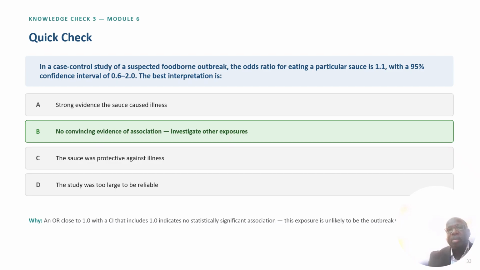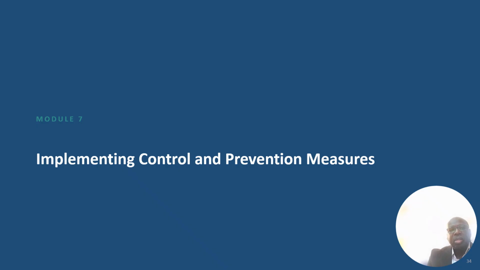So the best interpretation is that there is no convincing evidence of association, rather than strong evidence that the source caused illness. It means the investigator should look at other exposures, and so on. So the other source is the exact and correct source of the answer in this scenario.